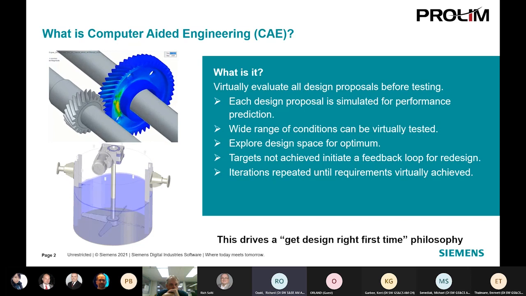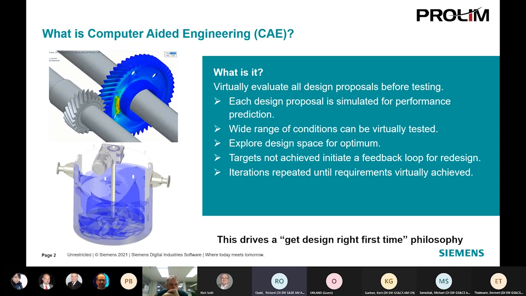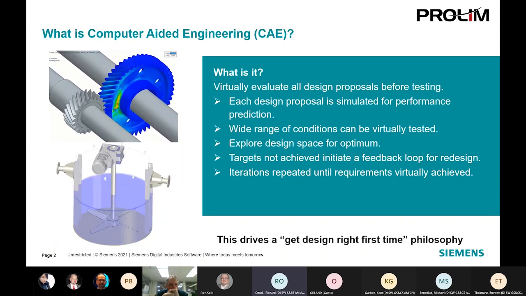We can do all of that virtually without having to prototype anything, wait for parts to come back from China or your manufacturing center, and test them, which is a long, expensive process. We can do all of that virtually now, and a wide range of conditions can be performed as well. Another benefit is that we can explore the design space for the optimum.